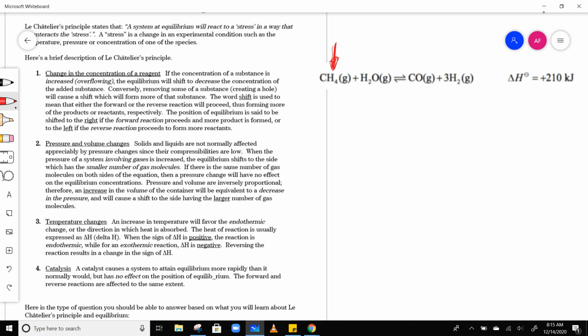So the equilibrium will shift towards the hole that we've created. Okay, so if I remove it, I'm creating a hole. So it's going to shift this way, so it's going to shift left. And we're going to get more CH4, more H2O, less CO, less H2.